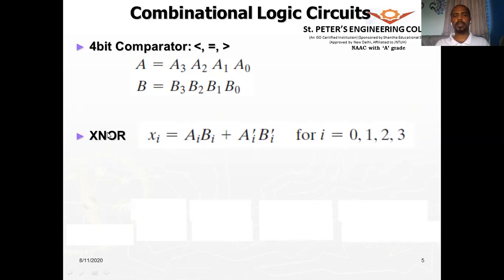That is the XNOR operation, the exclusive NOR operation. It is the NOT of the XOR operation, right?